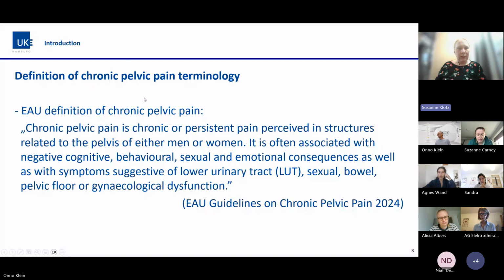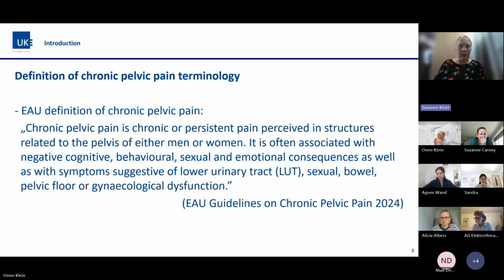There is an ongoing debate about the definition: what is chronic pelvic pain, and how could it be defined? What is the terminology? It depends a little bit on the guideline you're referring to, or also where you're located, because there are different guidelines in Europe and in North America.